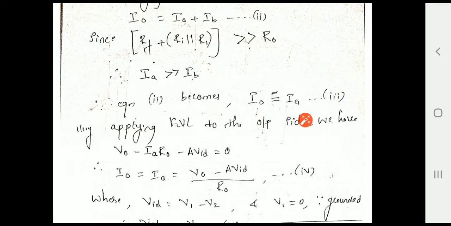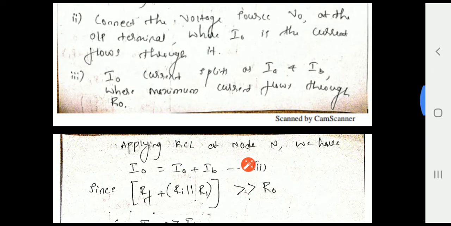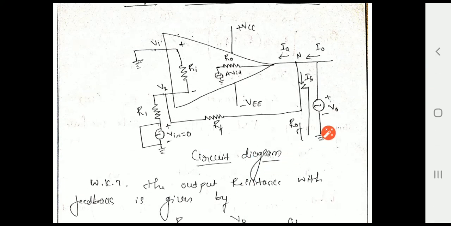Now I have to find V0 by I0, which gives us ROF, that is the output resistance with feedback. To do that, we apply the KVL to the output side. So this is the output side here. If I apply the KVL here, what will I get? V0, I0 into R0 or IA into R0.